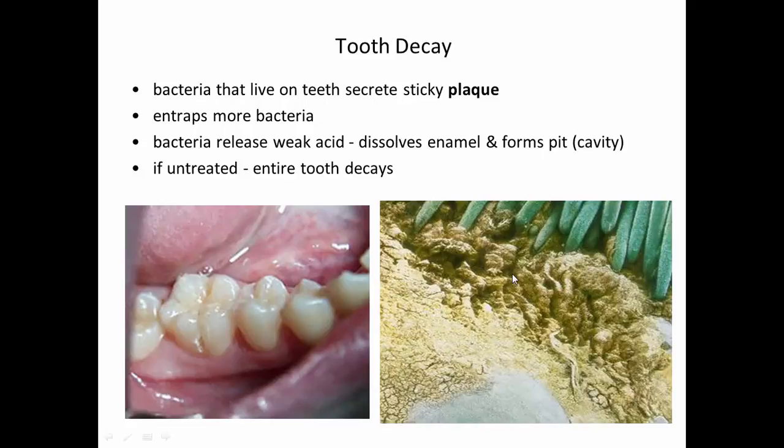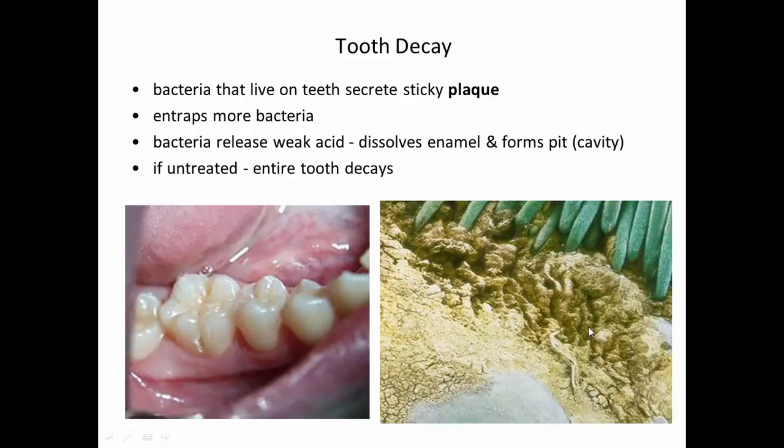So in this picture here you see on the right, this green, these are the bacteria, and this brown stuff, this is all the plaque that is being secreted by the bacteria. The plaque is very sticky, so more bacteria get entrapped in there, and they get more plaque and so on. Now the thing that happens is that the bacteria, as a byproduct of their feeding on things, produce a very weak acid.